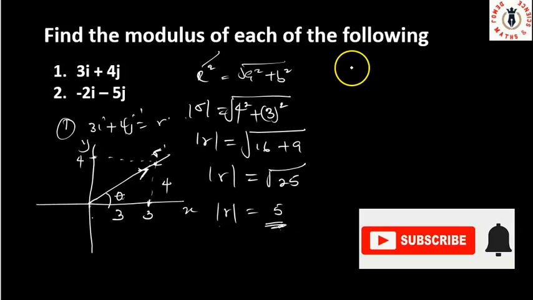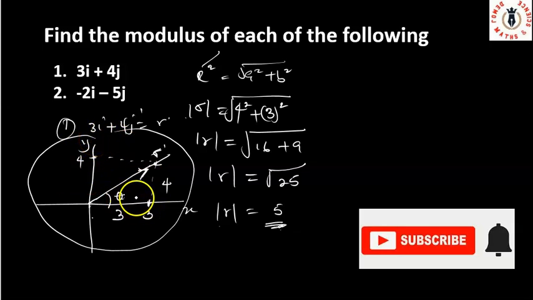Now for the direction, if you go back to our Cartesian coordinate here, to solve for this direction theta, you see opposite theta I have 4, and adjacent to theta I have 3. Now using SOHCAHTOA, I will also place a link in the description pointing to our lesson on trigonometry where we treated SOHCAHTOA.